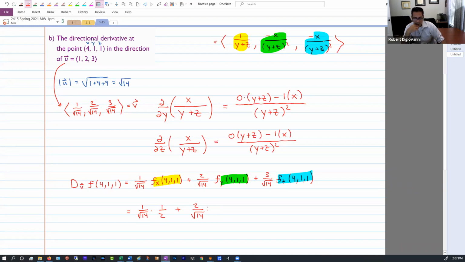On top, we get -4. And on the bottom, we get 2 squared, I believe. 1 plus 1 is 2 squared is 4. So we get -1 there. And then plus 3 over root 14, and we should also get -1 here.